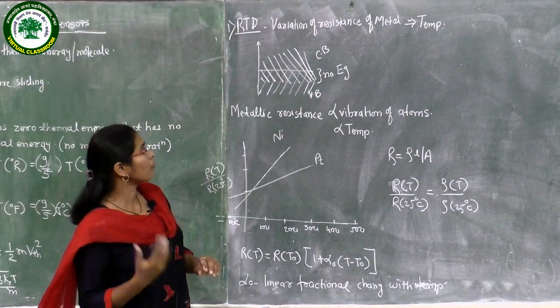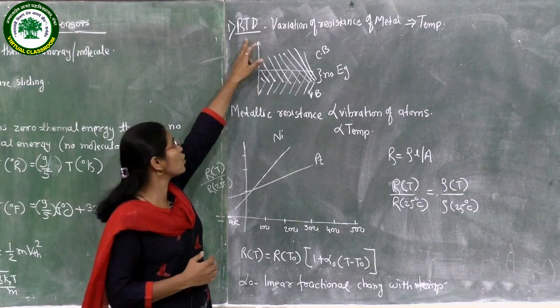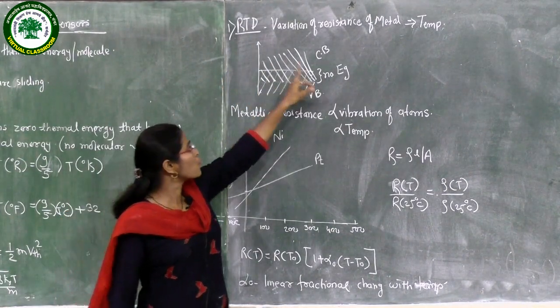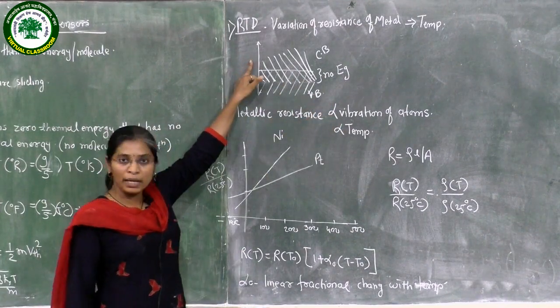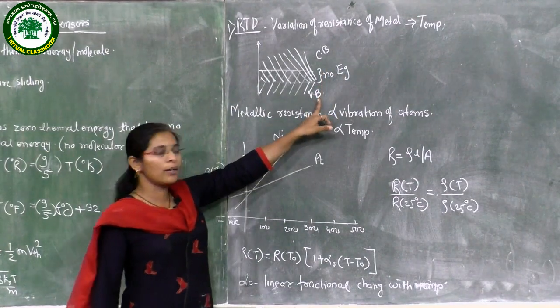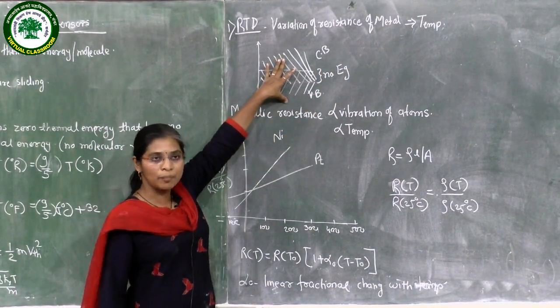For the same, we have drawn a diagram in which along the y-axis we have taken energy, and we have shown that in the case of metals only, the CB, that is the conduction band, and the valence band are overlapped.